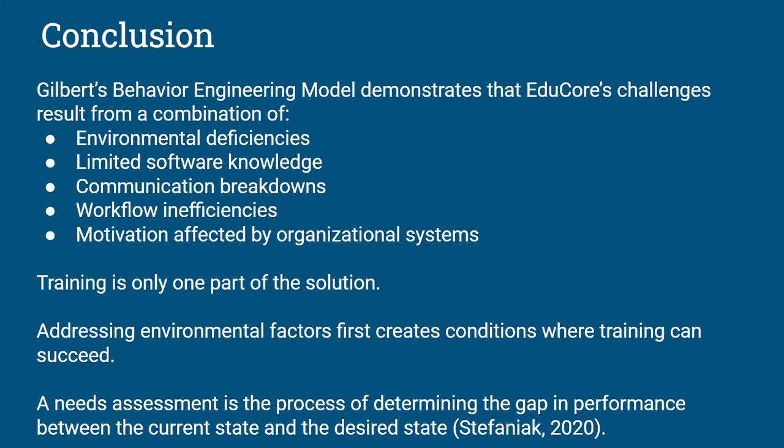These findings show that training is only one part of the solution. To achieve lasting performance improvement, EduCore must first address organizational issues such as clear expectations, effective processes, and supportive leadership. Once those foundations are in place, training can be more effective.